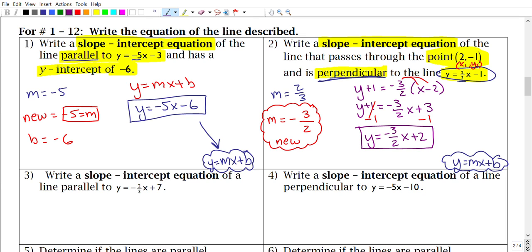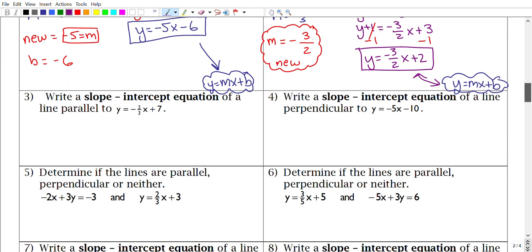So let's compare both of our equations here. 2/3 x minus 1 and -3/2 x plus 2. All that really matters is the slopes, that those will tell us if we have a perpendicular line, as was asked. And it is true, they are perpendicular, because 2/3 is the opposite reciprocal of -3/2. Okay, and these two were of the right form, so we are done.